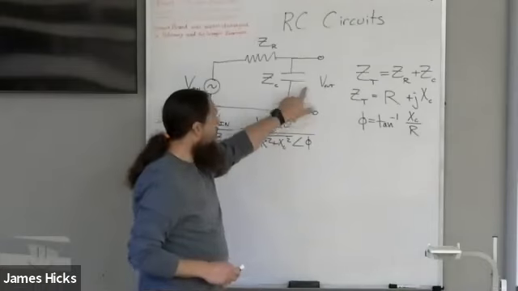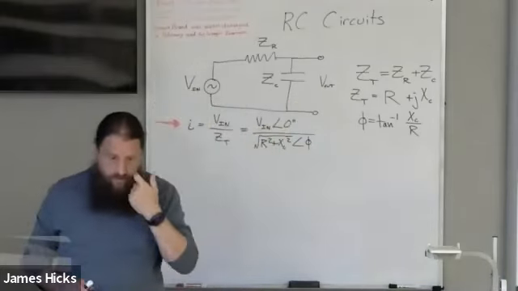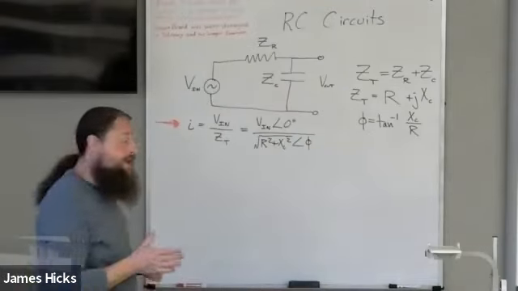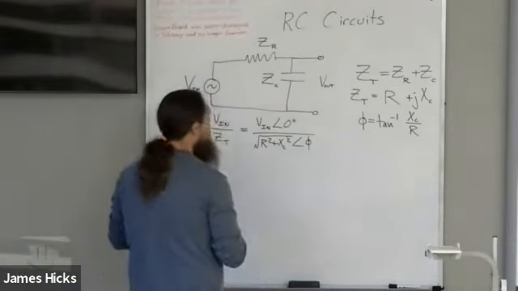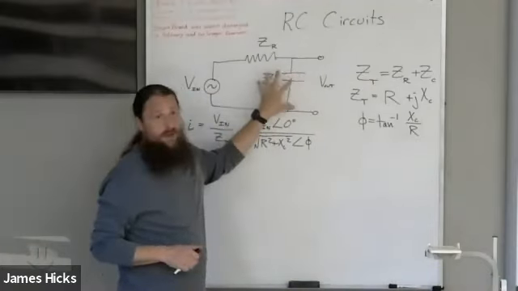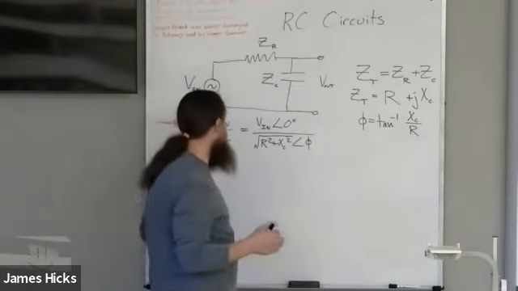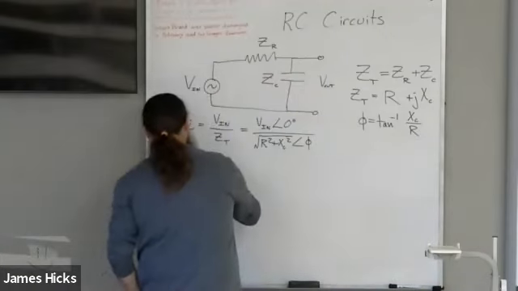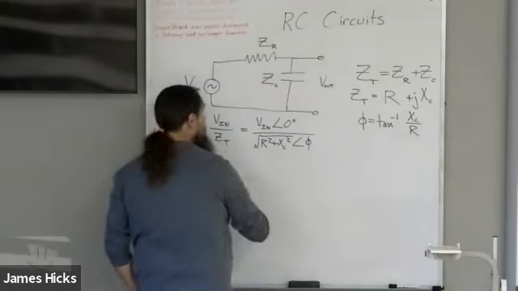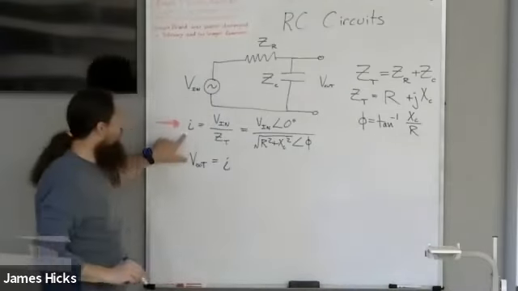I want to look at the output voltage on the capacitor. So in order to do that, I'm just going to look at Ohm's law for this capacitor. And basically all that it's doing is V out is going to be the current that we just found.